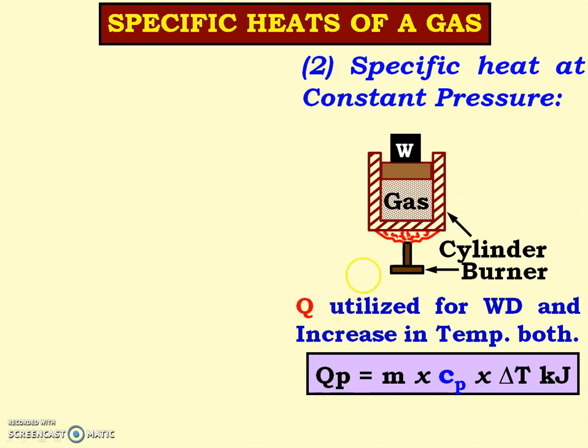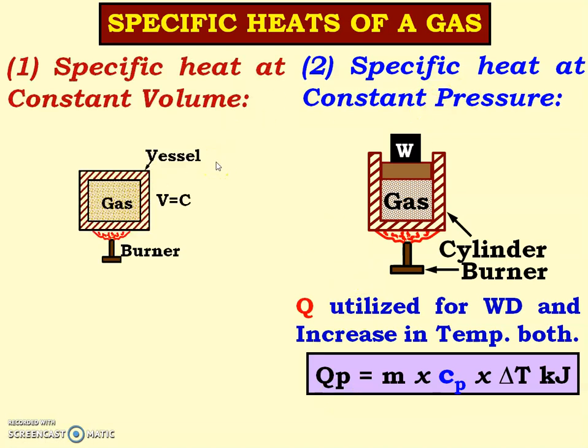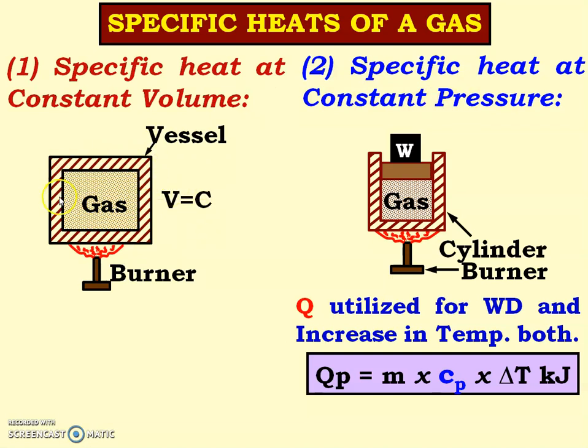Now let us again discuss the specific heat at constant volume. Here there is a closed vessel, so there is no change in the volume of the gas, and due to that, what will happen? When we supply the heat, the heat is utilized only and only to increase the temperature of the gas.